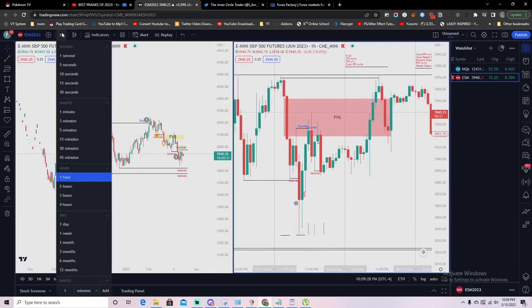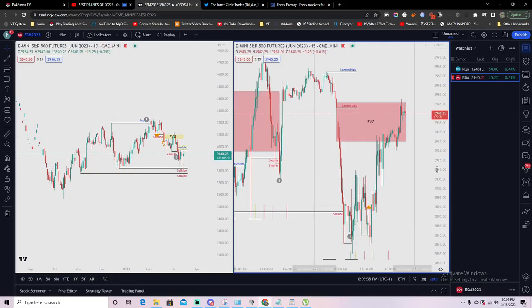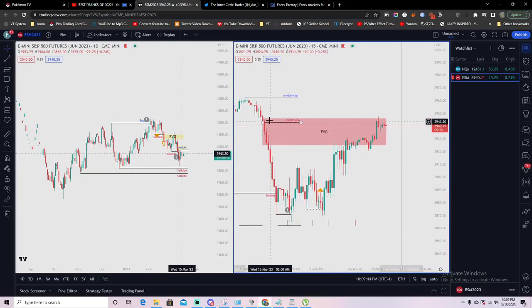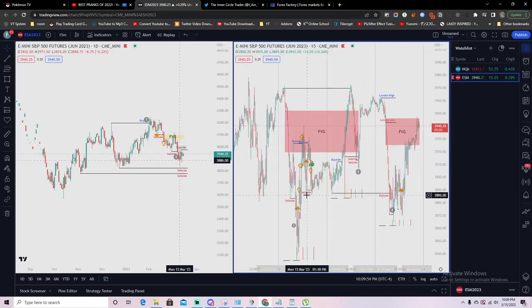And this is the morning that ICT was saying he's just going to have to focus on the charts, like he's doing an independent study, I guess. But anyways, let's drop down to the 15-minute time frame where things become more clear. You can see I have that London high marked, I have that London low marked here. Oh sorry, I'm getting ahead of myself.